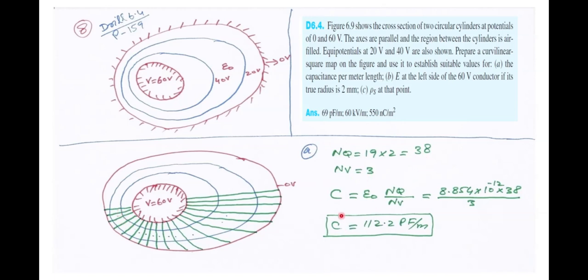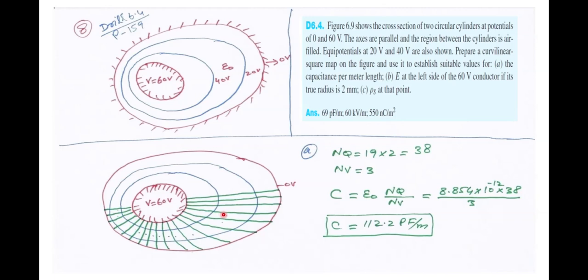So using this relation, and the medium in between the conducting boundaries is free space, using the free space permittivity we obtain the capacitance value, which is an approximate value. You can obtain any value, but how accurate your result is depends on your drawing and your skills.